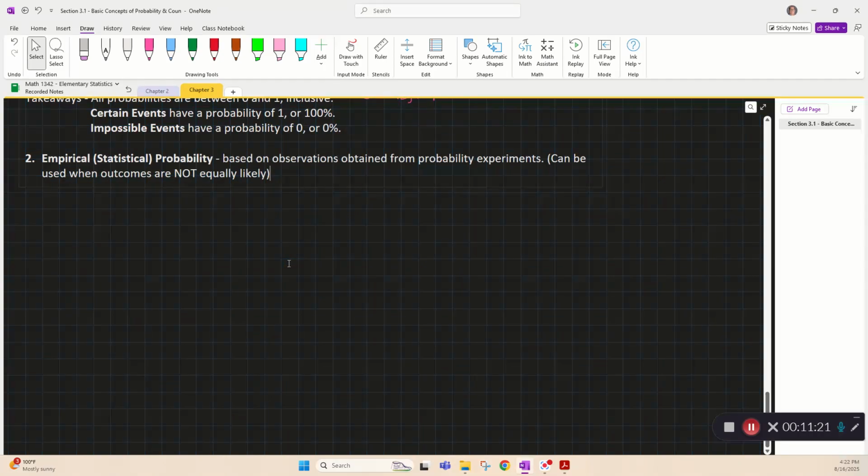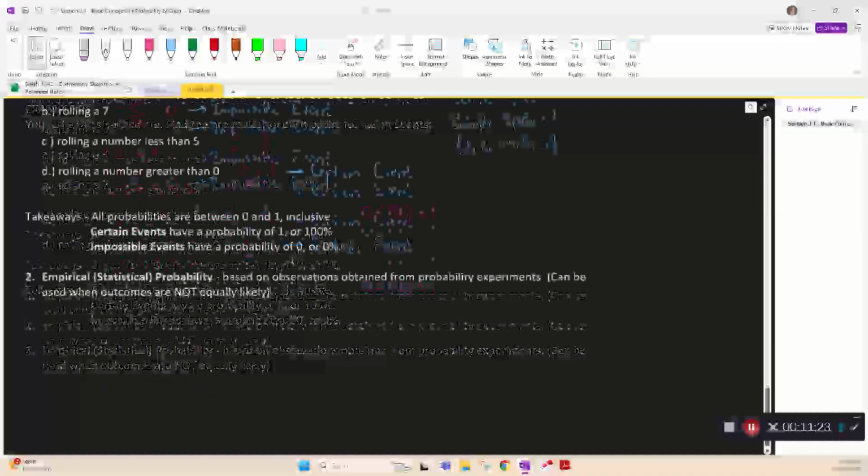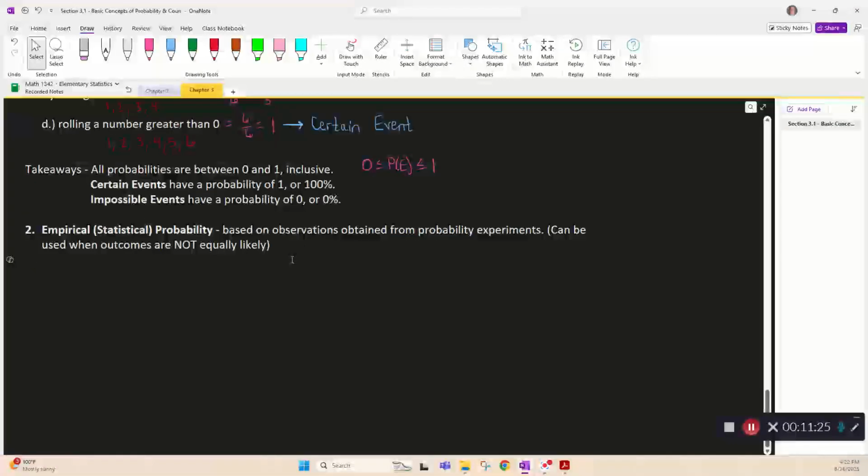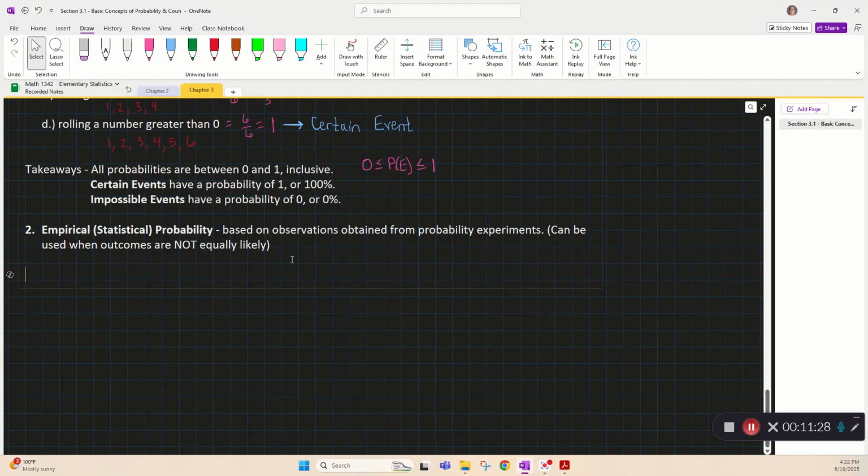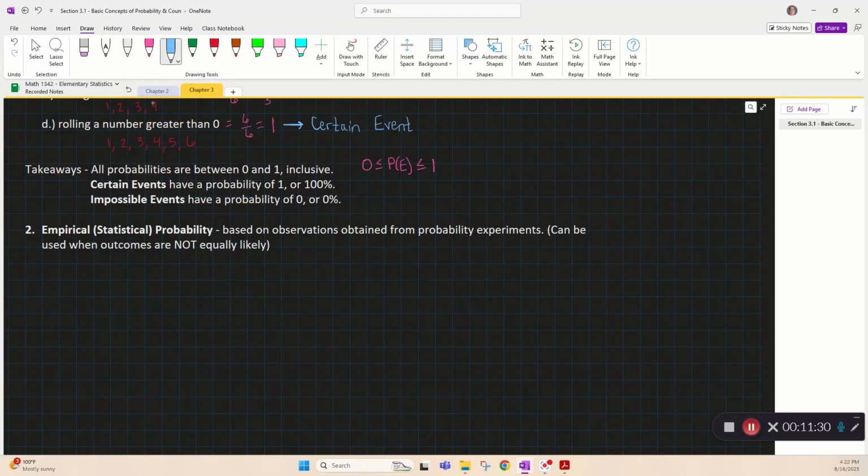Okay, so just like before, we have a formula for it as well. The probability of event E occurring would be the frequency of event E divided by the total frequency.